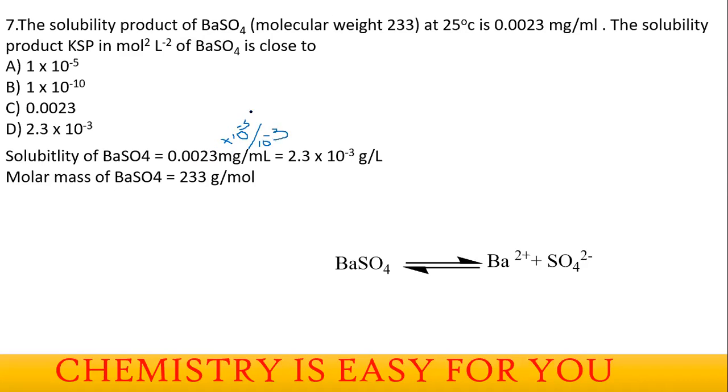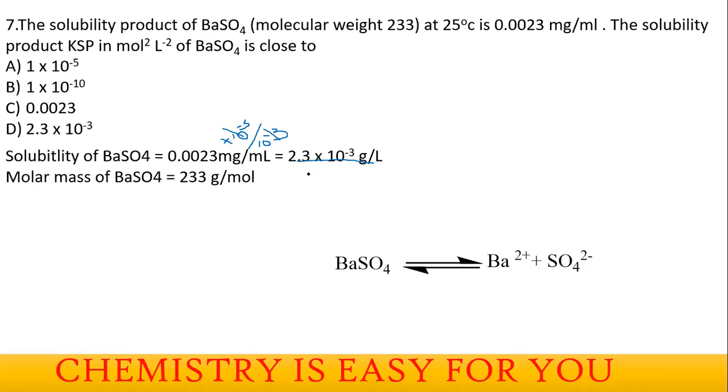Both these get cancelled, and we will have the same number, 0.0023 gram per ml, or we can also write it as 2.3 into 10 raised to minus 3 gram per liter. So what have we done here? Since 10 raised to minus 3 comes in both numerator and denominator, 0.0023 can be directly written as 0.0023 gram per liter. And we have written it in the form of power. 0.0023 can also be written as 2.3 into 10 raised to minus 3.